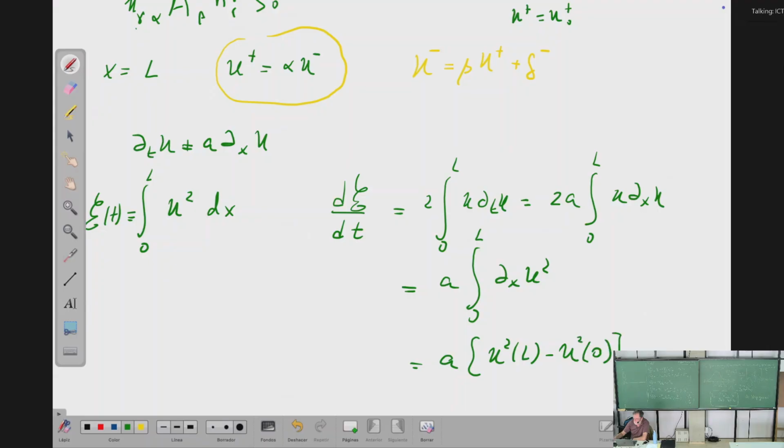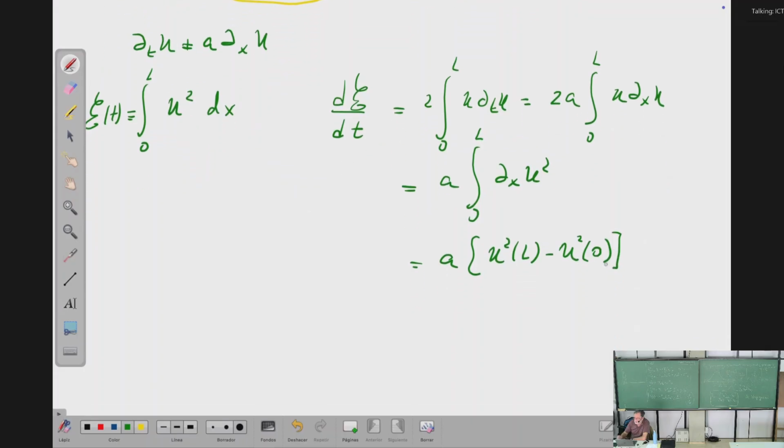Okay? And in the periodic case, we use this to say, okay, this number is the same as this number because we are in periodic data, so this should be 0 and we get a conservation.